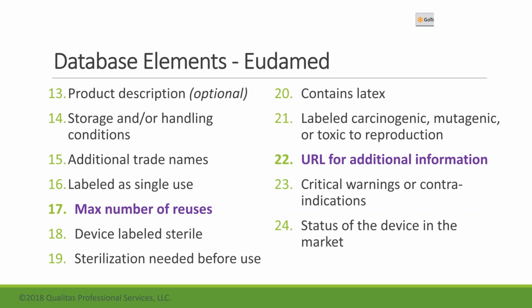A lot of the other data elements are very similar, if not identical, to what's in the GUDID. But just to give you an idea of volume, the US has 62 data elements that are required, whereas the EU has 25. So there are 25 different elements that you'll be putting into Eudamed.